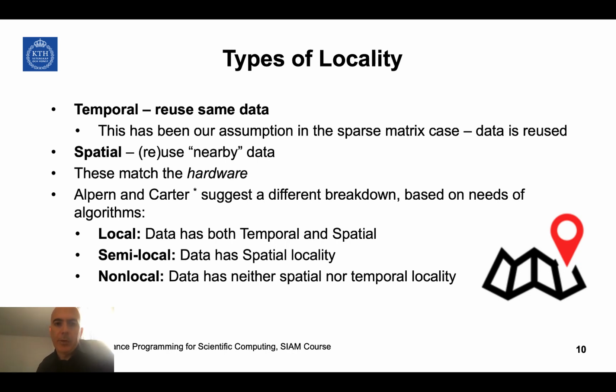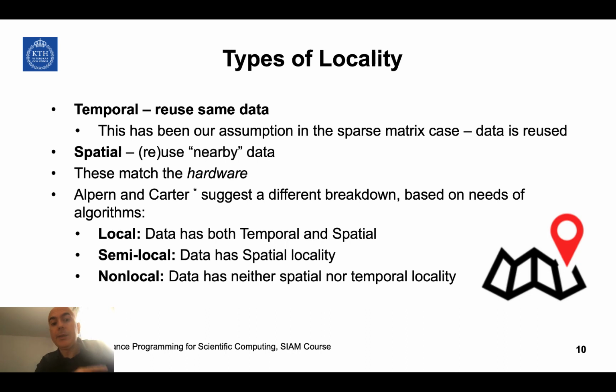Together with the temporal locality, we also have spatial locality, that is the reuse of nearby data. So for instance, if we have an array and we are accessing one element of that array, it's very likely that the array elements that are consecutive to the element we are accessing will also be loaded to the cache, right?